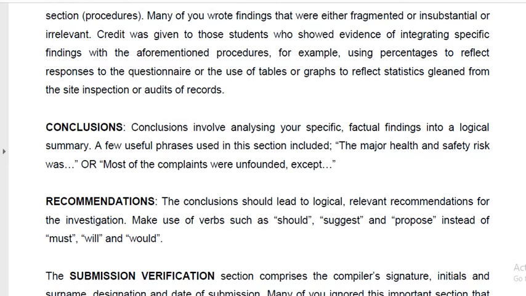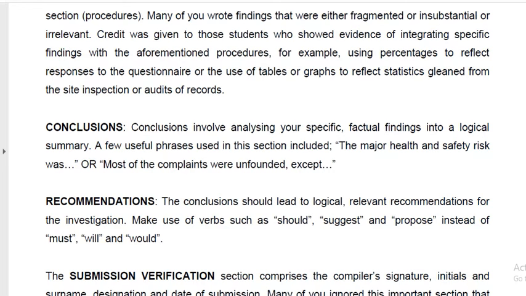Conclusions involve analyzing your specific factual findings into a logical summary. A few useful phrases used in this section include: the major health and safety risk was, or most of the complaints were unfounded, except.